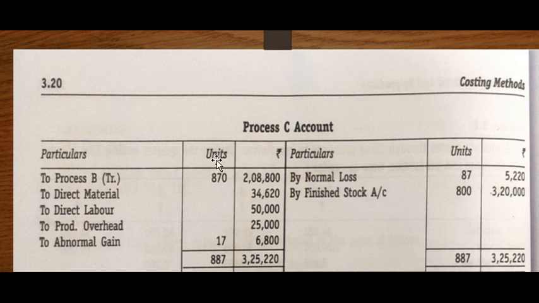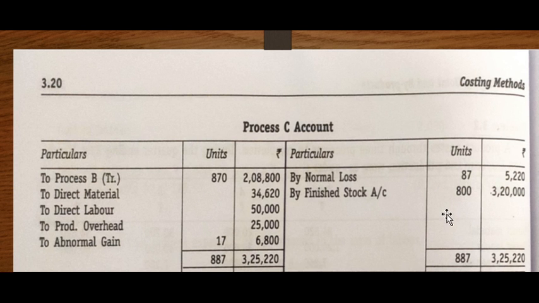Now you will check whether your input units are more or your output units are more. So your 870. Till production overhead only you have recorded. Please remember, don't consider the last line, only till production overhead you have recorded. So 870 is the units present in your input. Then in output you have normal loss units as well as finished stock units, which is 800 plus 87.